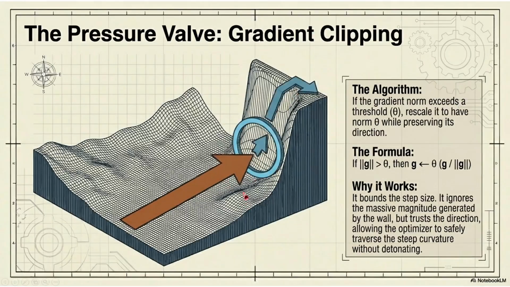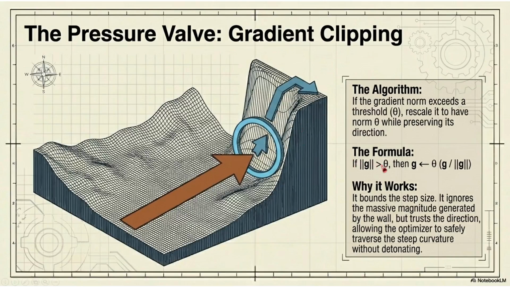So, how do we survive this? We introduce gradient clipping. The algorithm is quite simple. If the norm of the gradient exceeds a threshold we set, we call it theta, we rescale it to have a norm of exactly theta while perfectly preserving its direction.